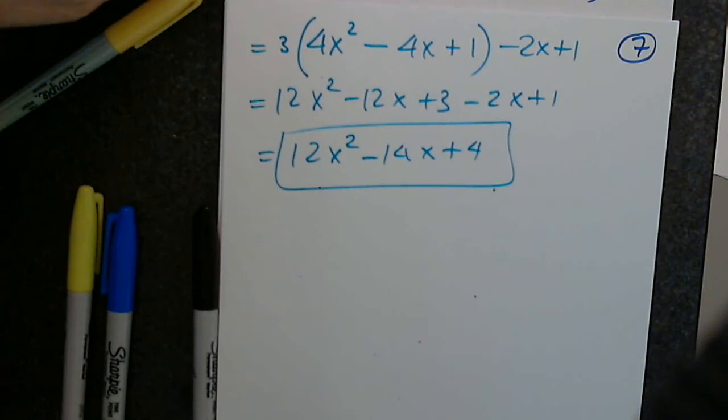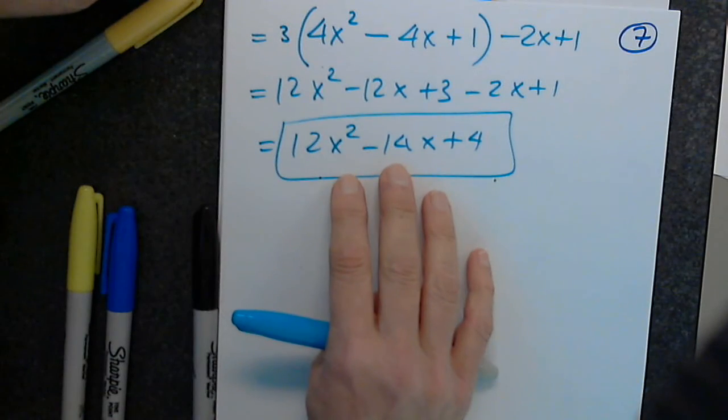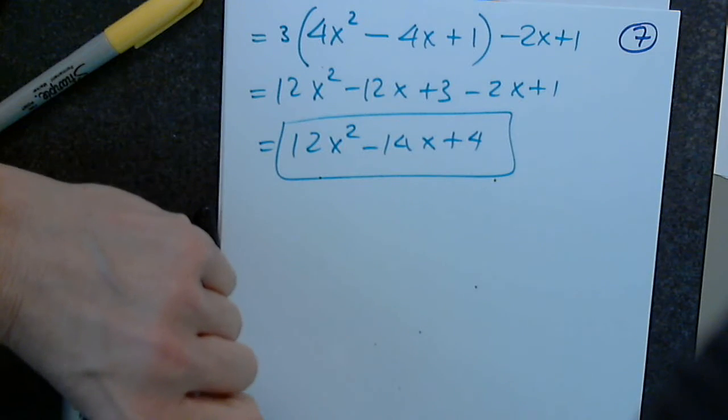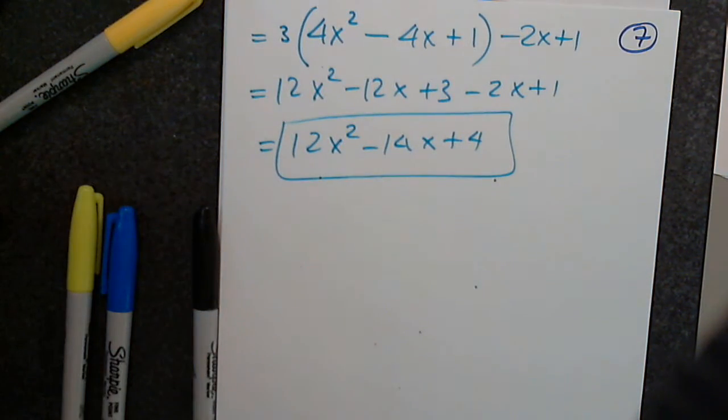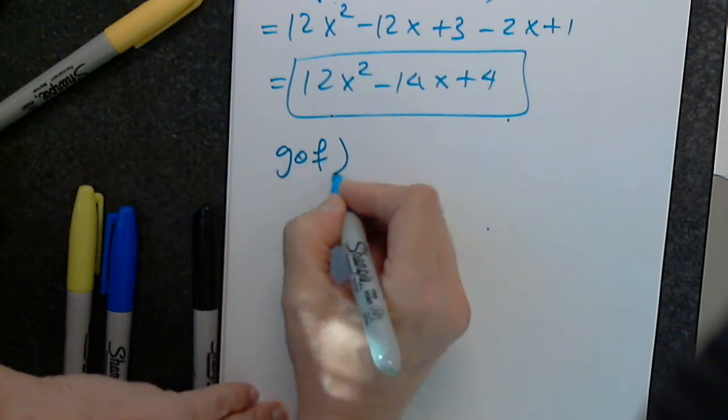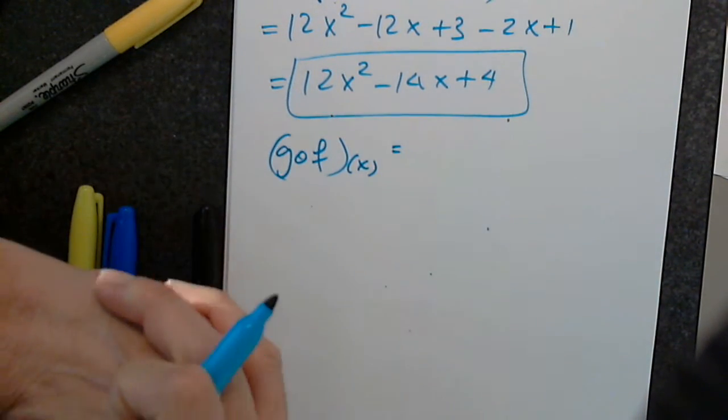Okay, any questions here? So what does this represent? It represents the function composition of f and g, where g is the inner function and f is the outer. We would like now to determine g comp f. What does this say?